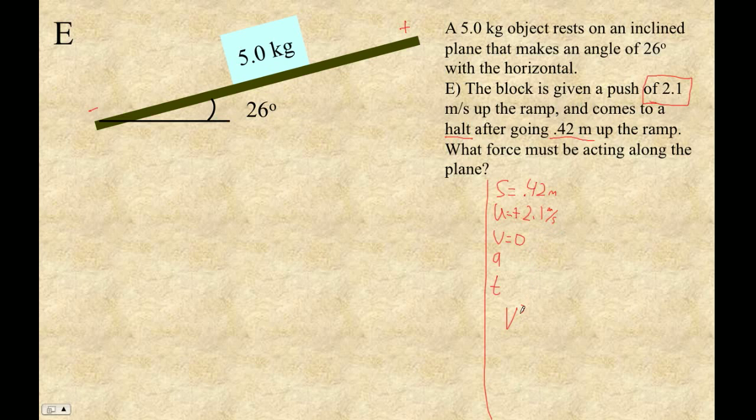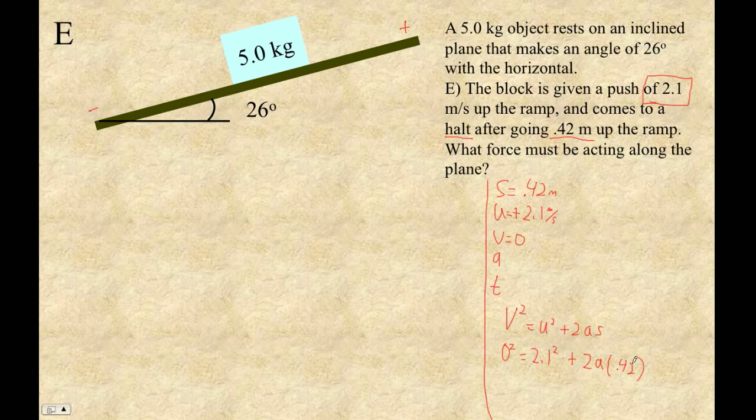So v squared is u squared plus 2as. Plug this in: 0 squared equals 2.1 squared plus 2 times a times 0.42. Of course, this is going to be a negative acceleration because when we put this on this side, it'll be negative.